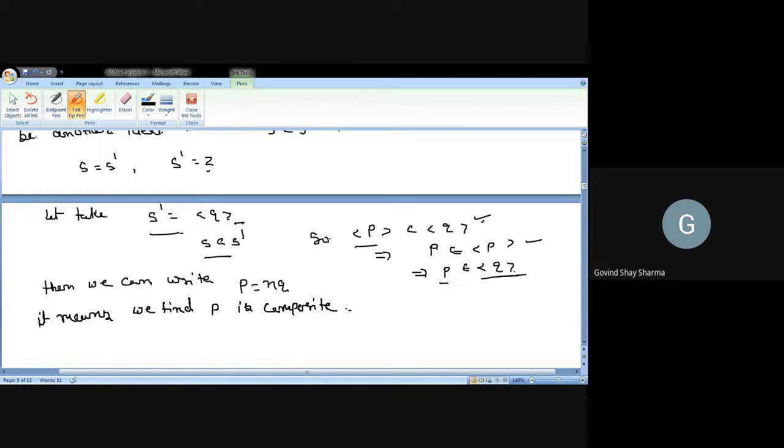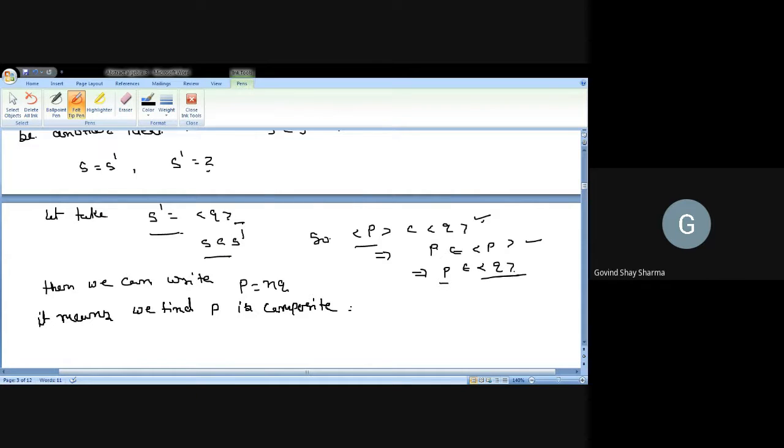If P belongs to Q, then P can be written in the form of Q. So P is equal to NQ. So that means P is composite, but this is a contradiction because we assume that P is a prime number.